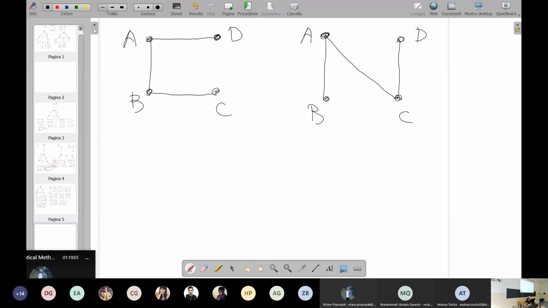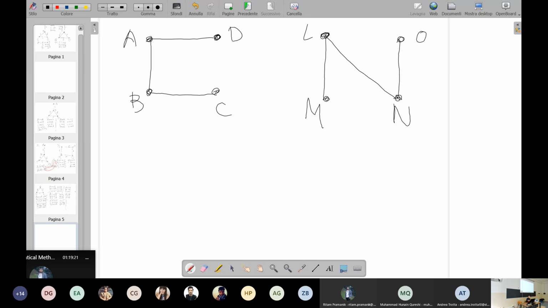For simplicity, let me give different names here, as before. This will make things simpler. L, M, N, O, okay?